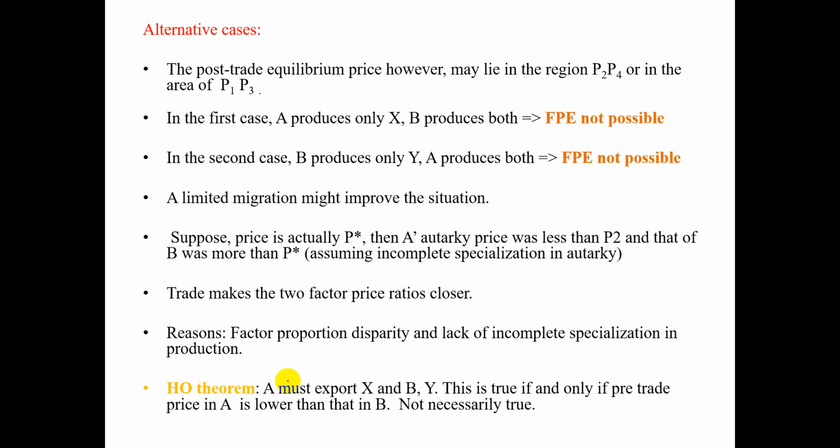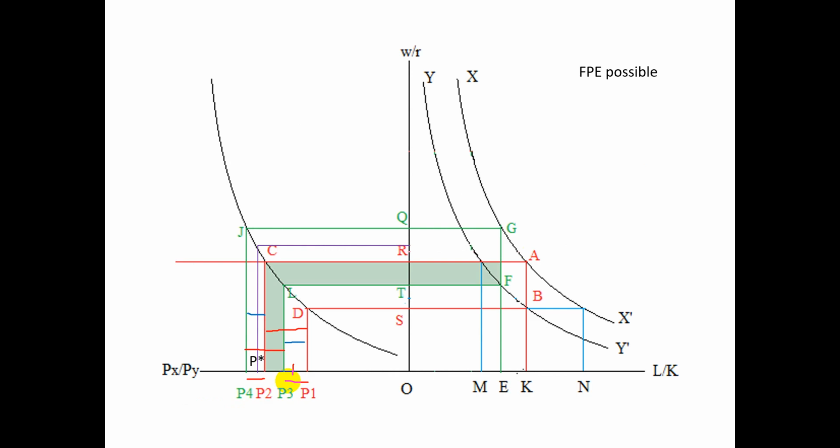Now, if we have a limited migration, then the situation might be improved. So, from here we get a very important result, that is, if there is some overlapping zone of factor prices as well as the commodity prices, then there is a tendency for the post-trade commodity price ratio to lie in that overlapping zone.